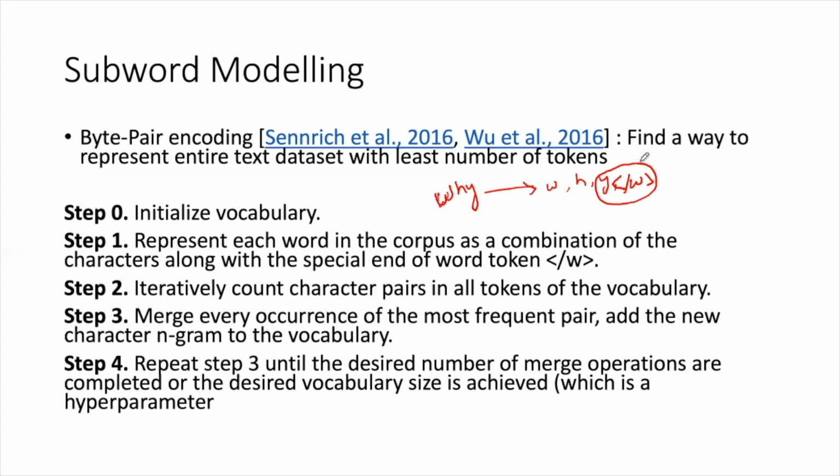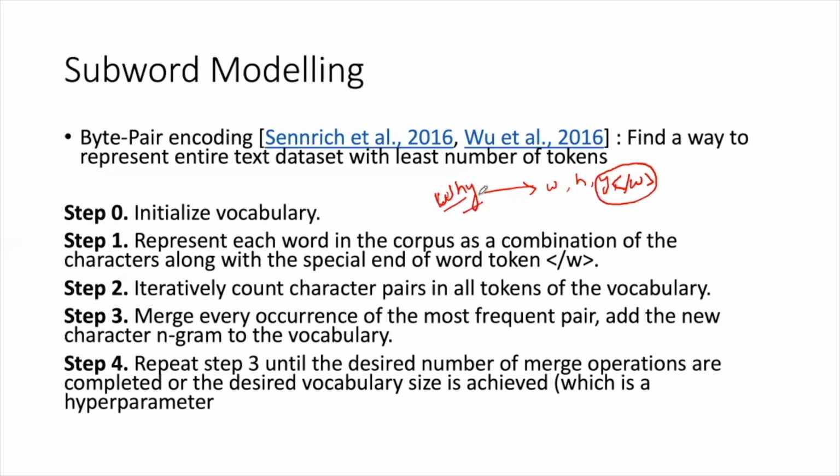Once we do this, we count the number of character pairs that have come in. In why, there are different pairs: wh can be treated as one pair and hy can be treated as another pair.